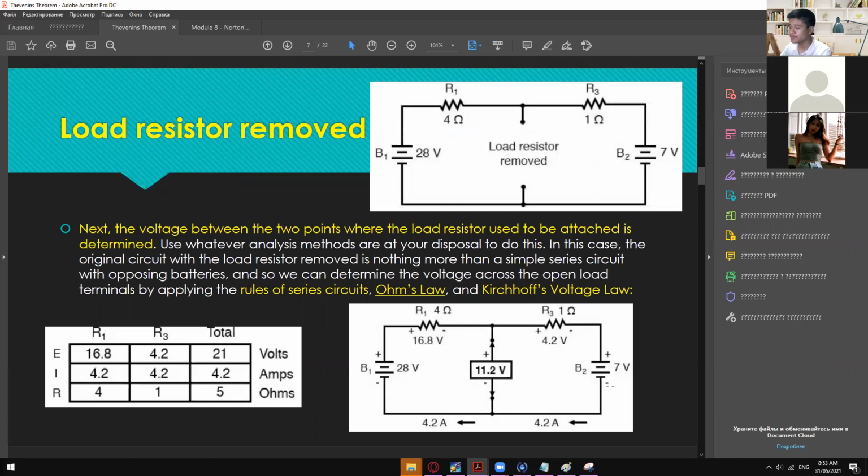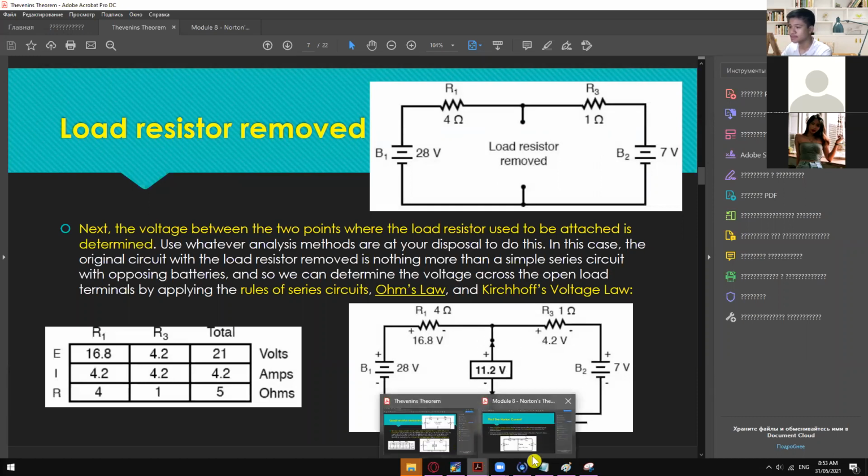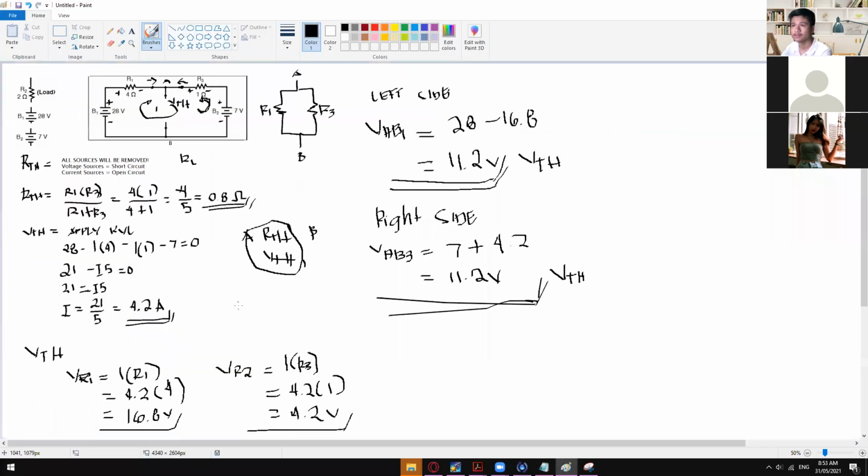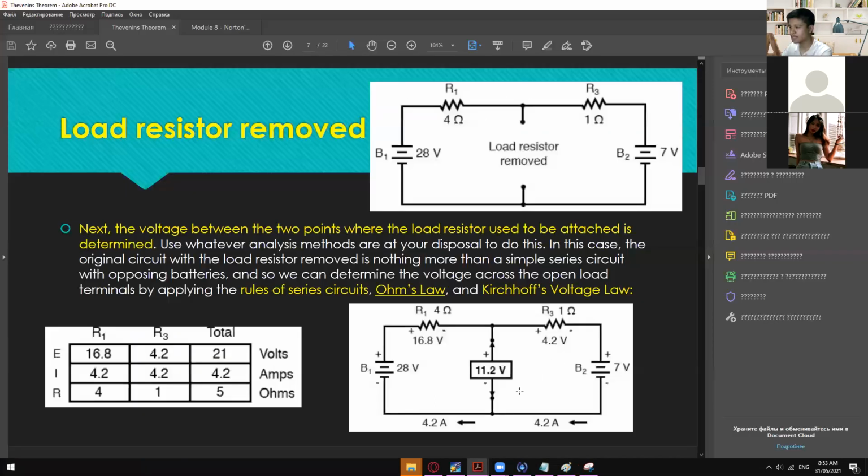So this is the final circuit, with just a label. The 4.2 amps flowing on the entire circuit, the 11.2 volts, which is our VTH, and the RTH, which is 0.8, and the labels for the polarity.